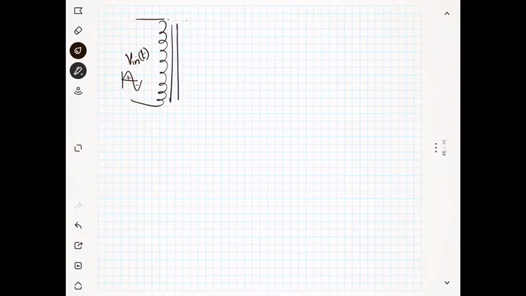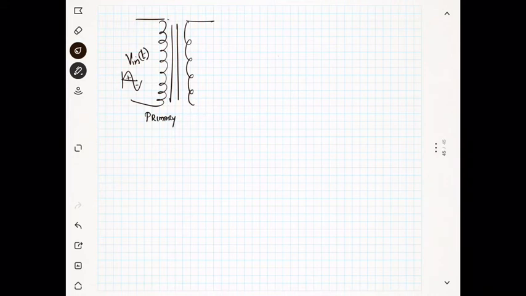This is the symbol for the transformer. You can see there are a lot of windings here. This is the primary of the transformer, and this part is the secondary of the transformer. The number of windings on the primary is here, and this is the number of windings on the secondary.